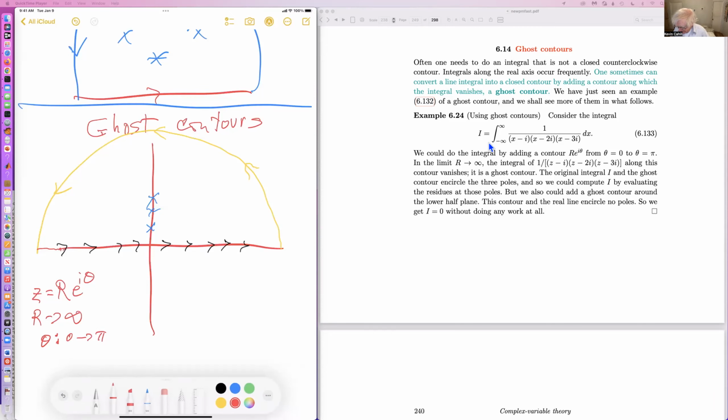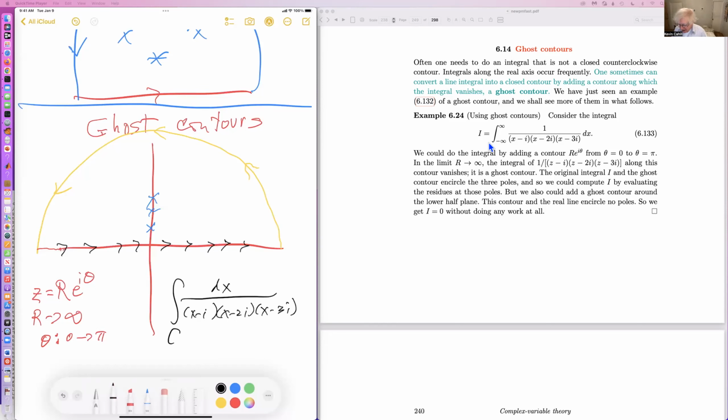And the integral along that is 0 because it's an integral along this contour, and it's dx over x minus I, x minus 2I, x minus 3I.